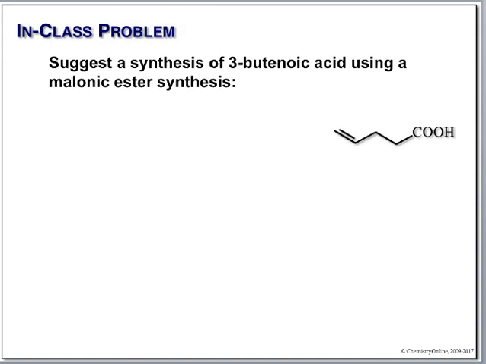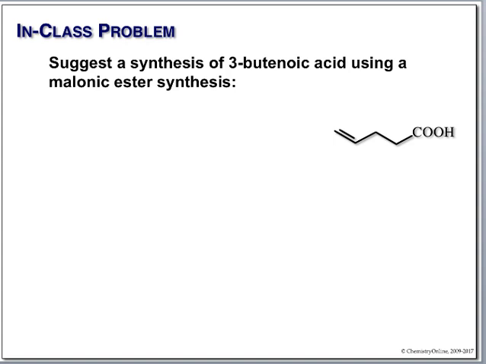All right, so let's do this backwards then. Here I have a carboxylic acid. We have an alkene dangling out on the end. It's a 3-butenoic acid, and I made this using a malonic ester synthesis. How in the world did I do that? Step one, you look at your molecule and identify the acetic acid portion.